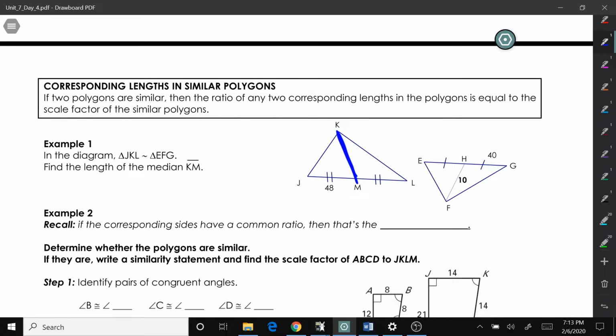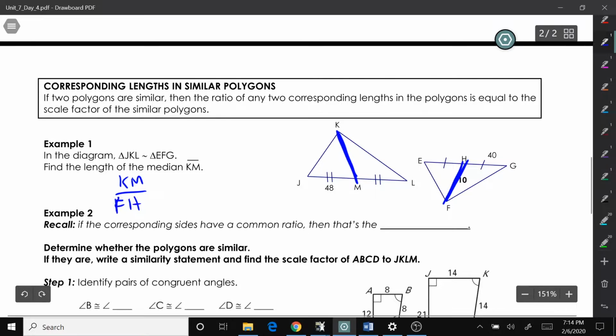Well, KM is going to correspond with FH over here. So we're going to set up KM over FH. And now we want to find a ratio of two sides that we know. So look at JM and HG.